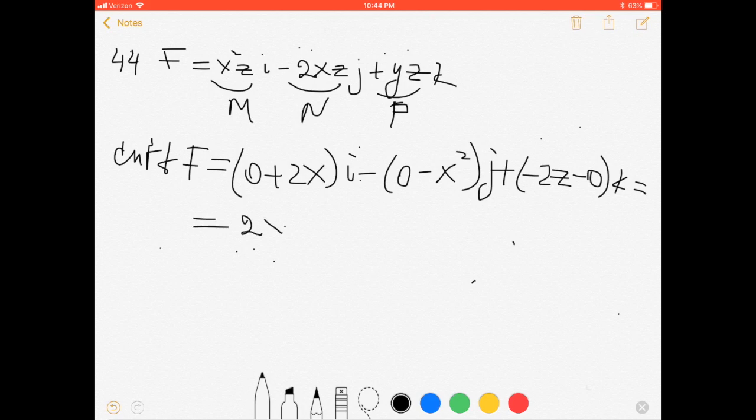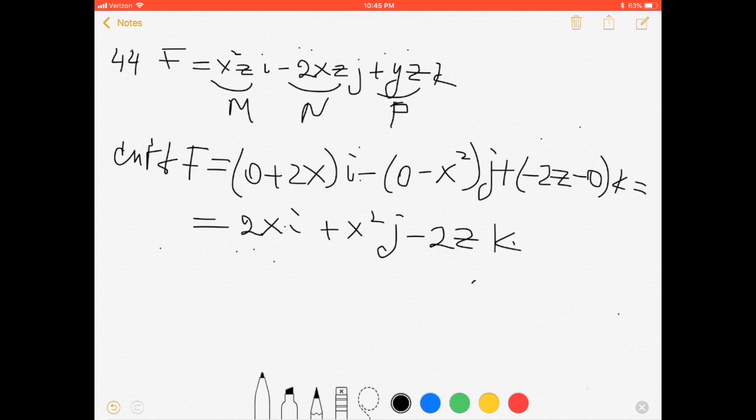Here it will be 2x i plus x squared j minus 2z k. I only found the partial derivatives of M, N, and P with respect to whichever variable I need, and plugged into the formula.